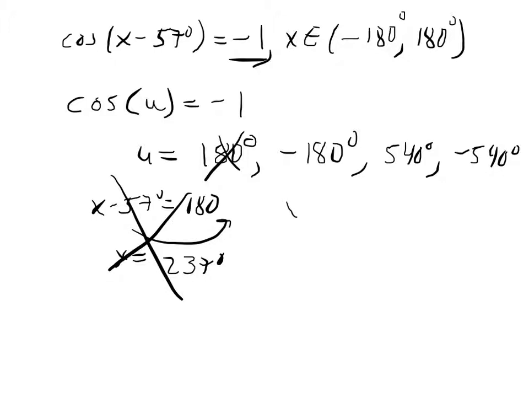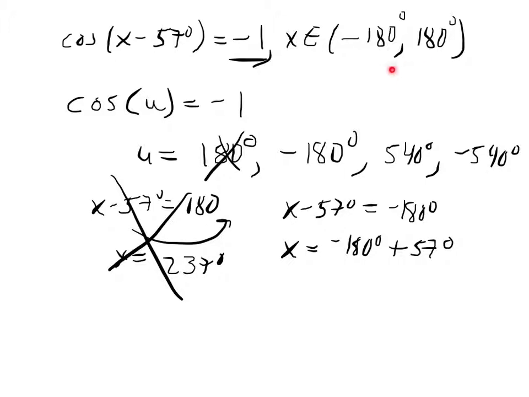Let's see. x minus 57 degrees equals negative 180. And move the 57 over. x equals negative 180 plus 57. And indeed, that's going to give me an answer in between negative 180 and positive 180.